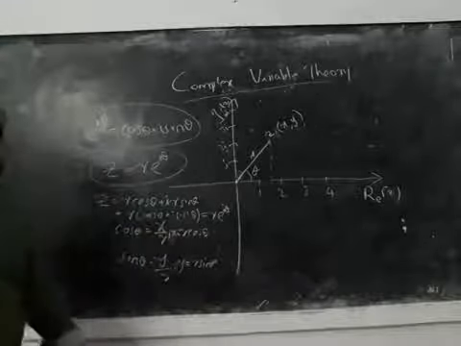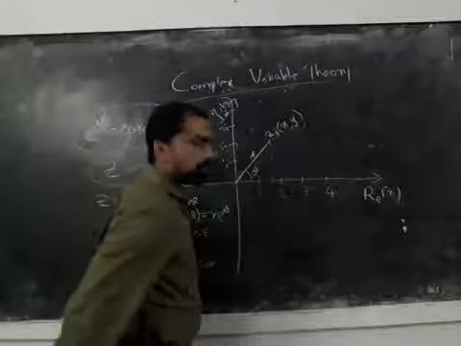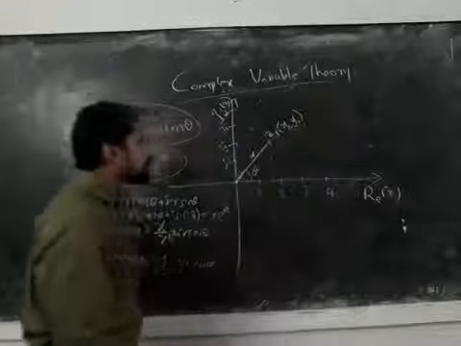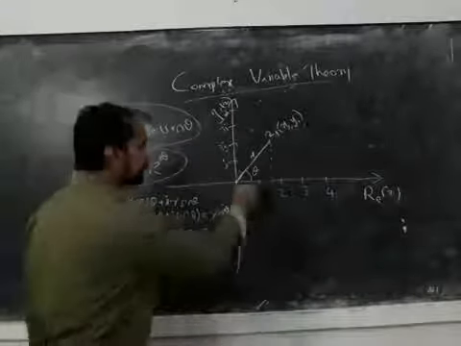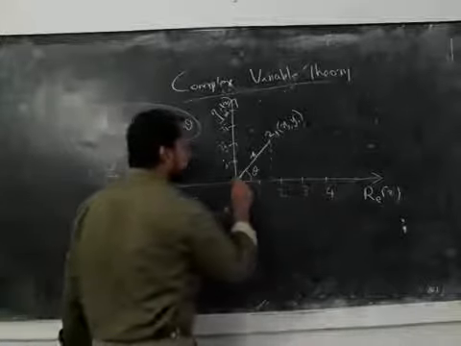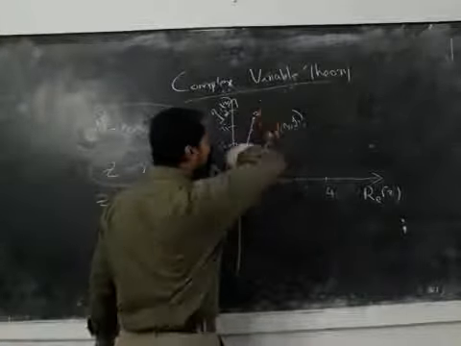Now, for example, I have a point z1 at x1 and y1, and I am calling this r1 as well. Then another point z2 at x2 comma y2.